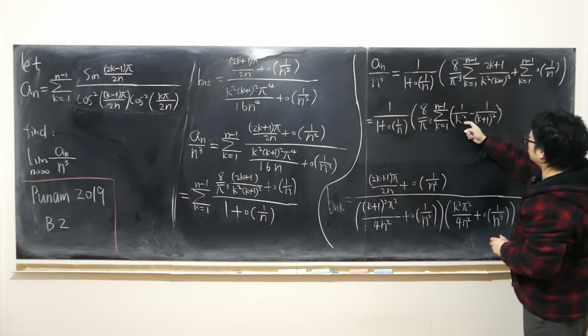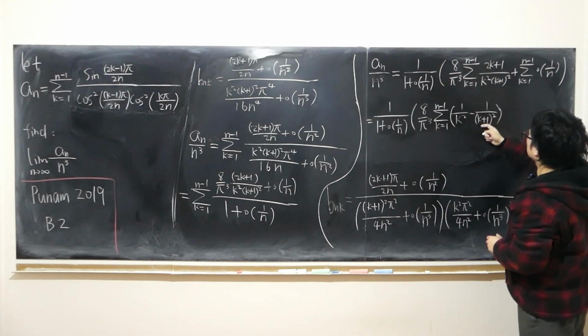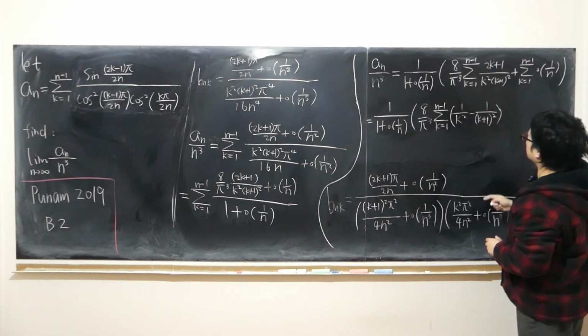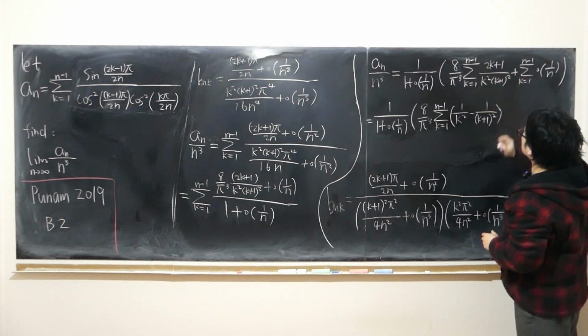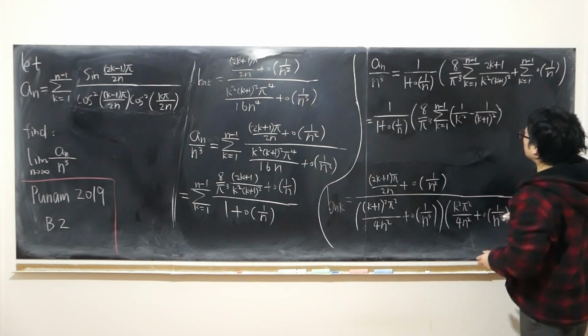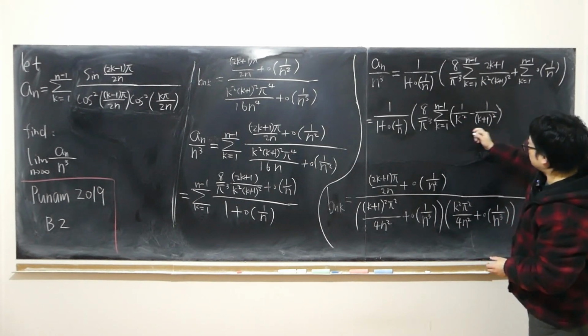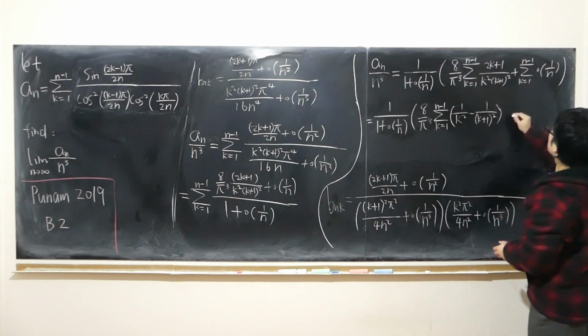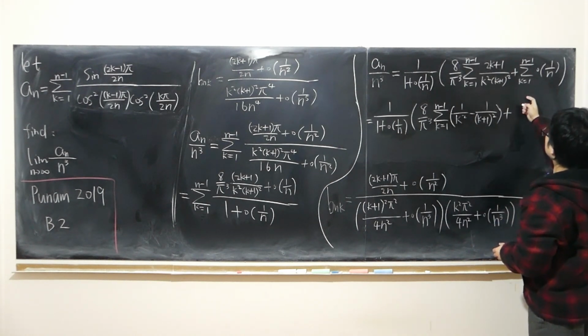When you take the common factor, this multiplied by this minus this multiplied by that equals exactly 2k plus 1. This is easily verifiable. Again, telescope series.